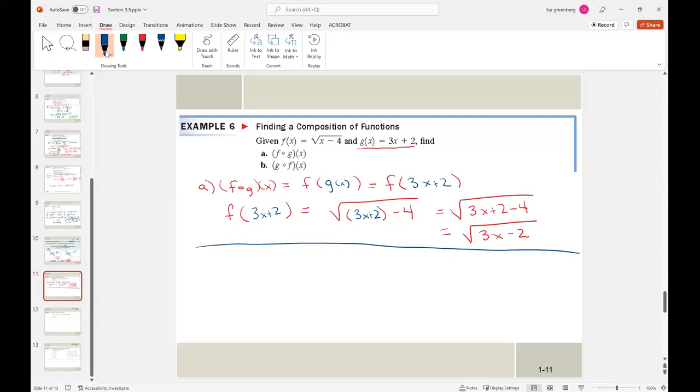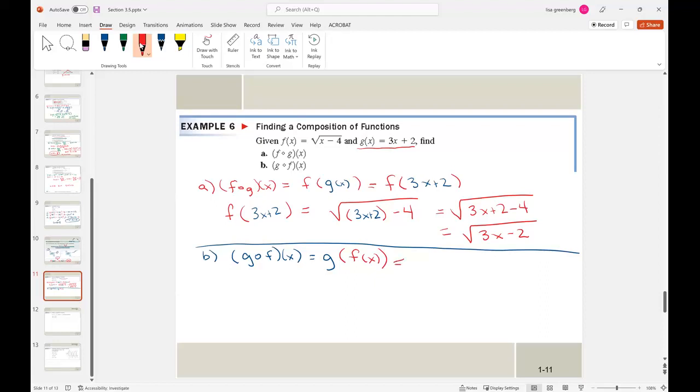What do you think? Do you think if we go the opposite way, it'll be the same? Well, let's find out. We're going to start with g composed with f of x, which is equal to g of f of x, right?